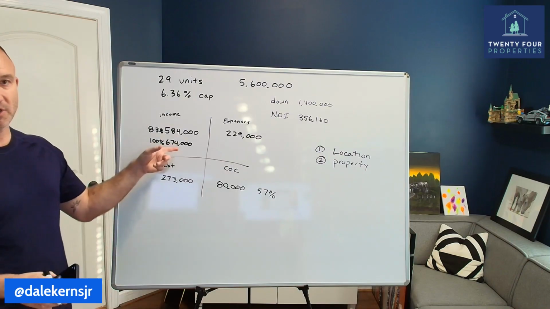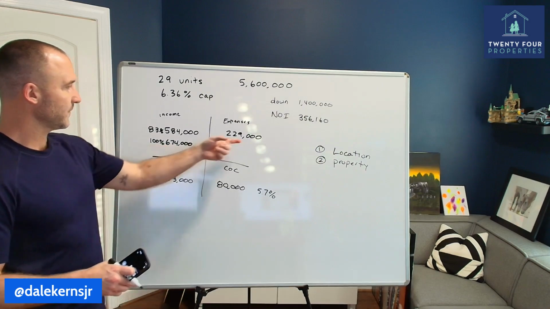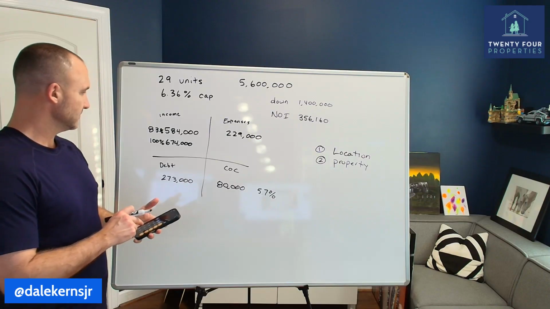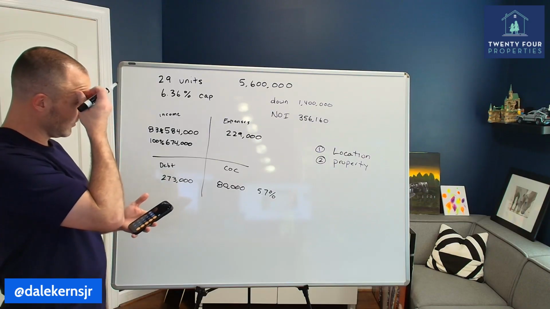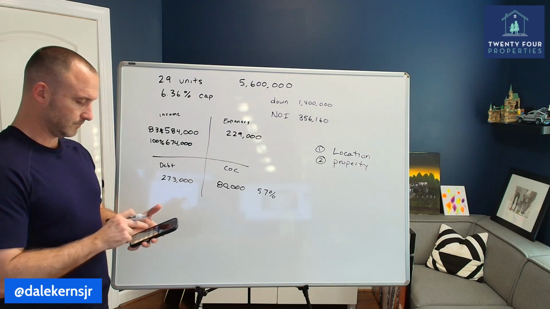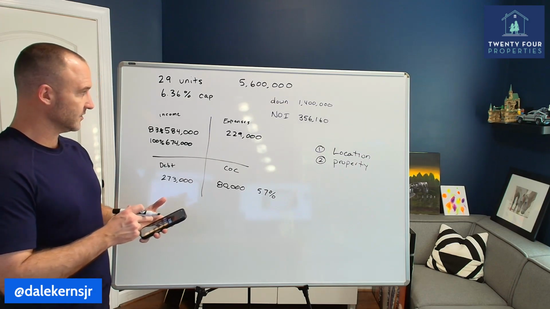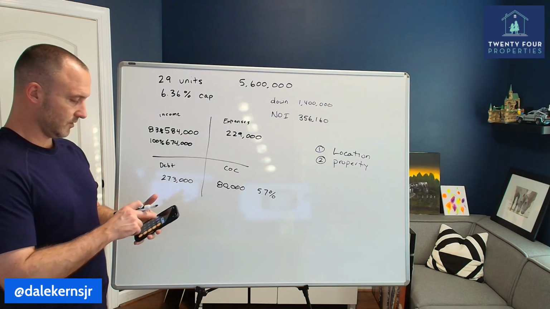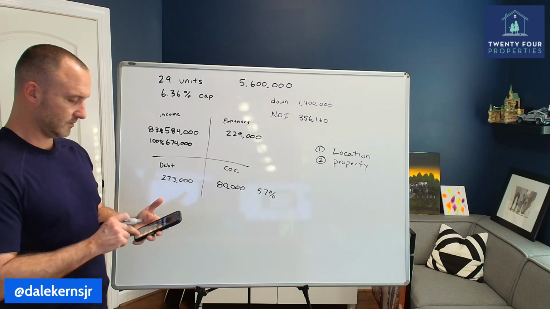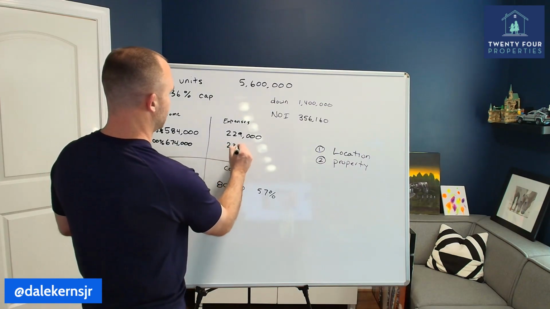So let's say we got it to 100%. Okay, this is our new income. Let's say our expenses do go up. Let's say 5 units, and it goes up $1,000 a year. 229 plus 5,000, let's say this goes up to 235.